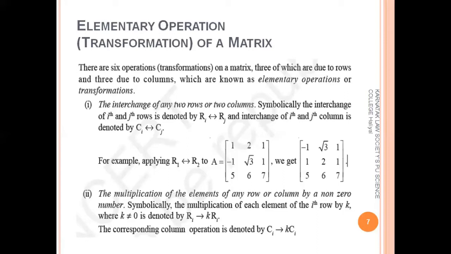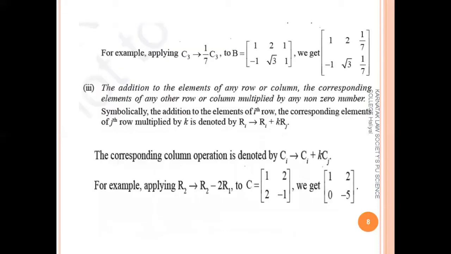See their example here. C3 → (1/7)C3. Whichever column you need to operate on, you should write first; that is C3 here.